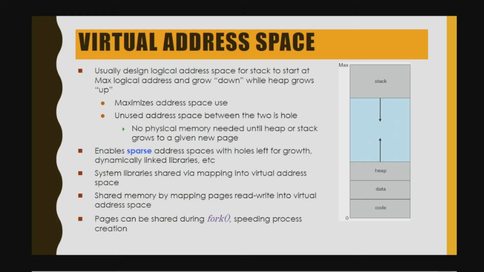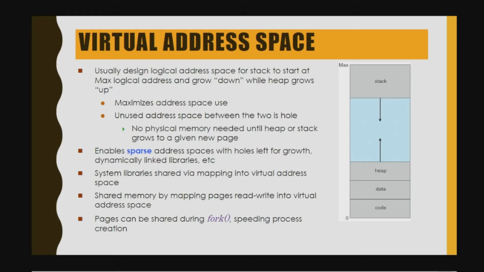Unused address space between the two is a hole, and no physical memory is needed until the heap or stack grows to a given new page. This enables sparse address spaces with holes left for growth, dynamically linked libraries, etc. System libraries are shared via mapping into the virtual address space, and shared memory by mapping pages read-write into the virtual address space.